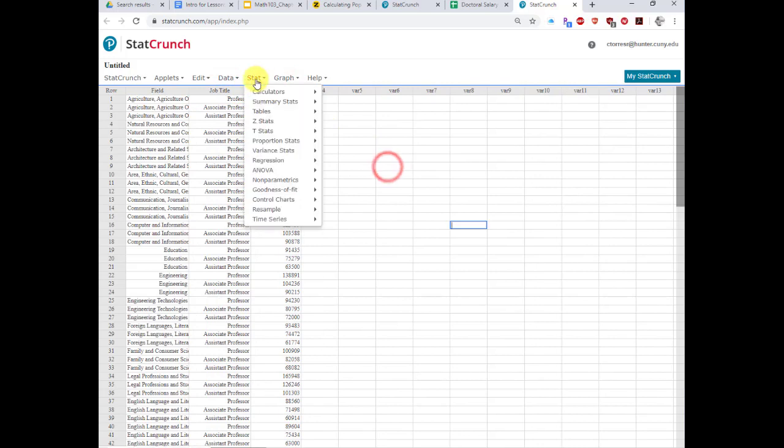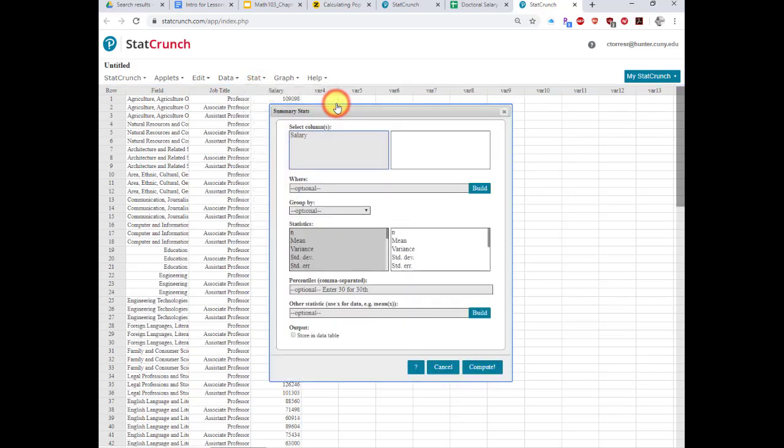Okay, so I have my information here, and I want to do descriptive statistics for a population variance. Okay, so I'm going to go here where it says stat, go down to where it says summary stats, and go over to where it says columns. And since salary is my only quantitative variable, it's already selected it there. Okay, so here I get down to the choices that I have. I'm going to go ahead and click N because it's always a good idea to know how many data points you have. And I'm going to go ahead and hold down Control and hit mean.